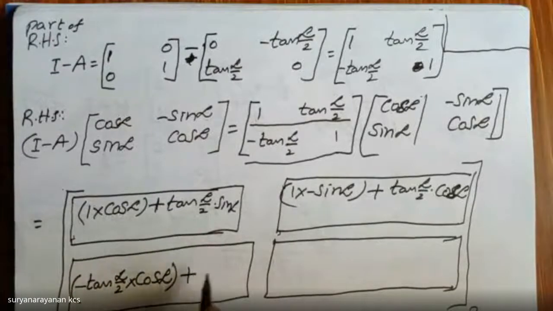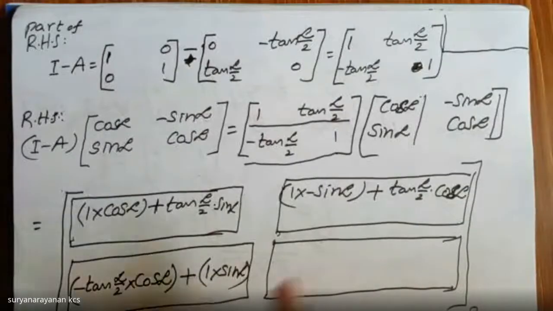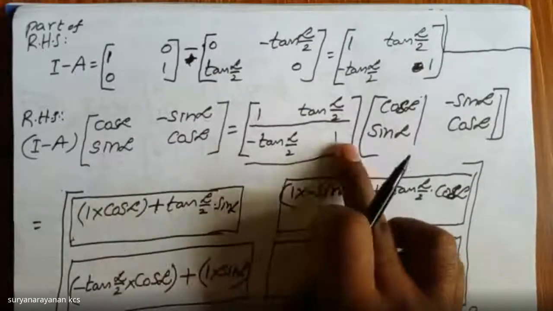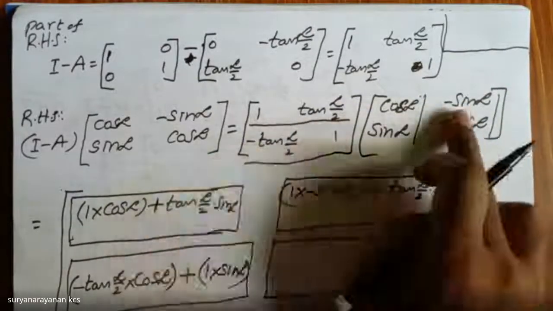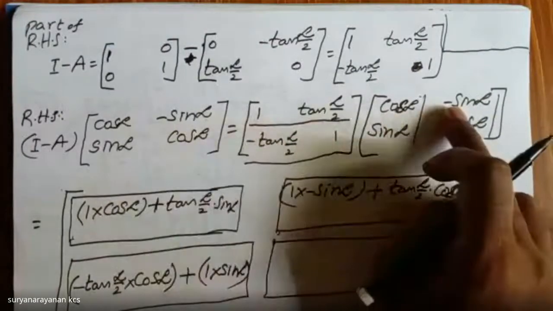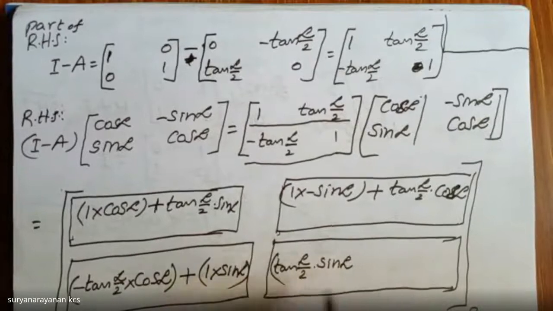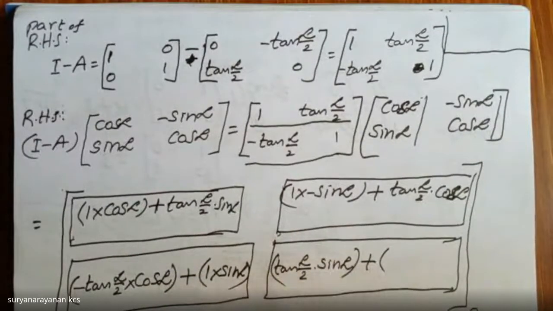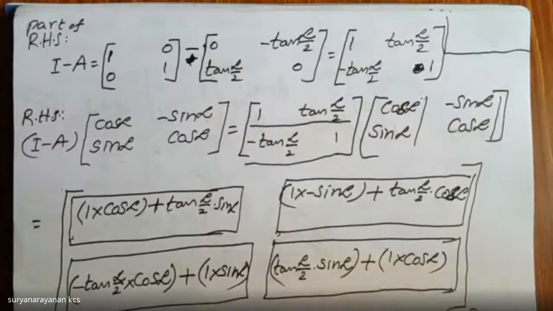Last box, second row, second column: minus into minus gives plus, so plus tan alpha by 2 into sin alpha plus 1 into cos alpha.